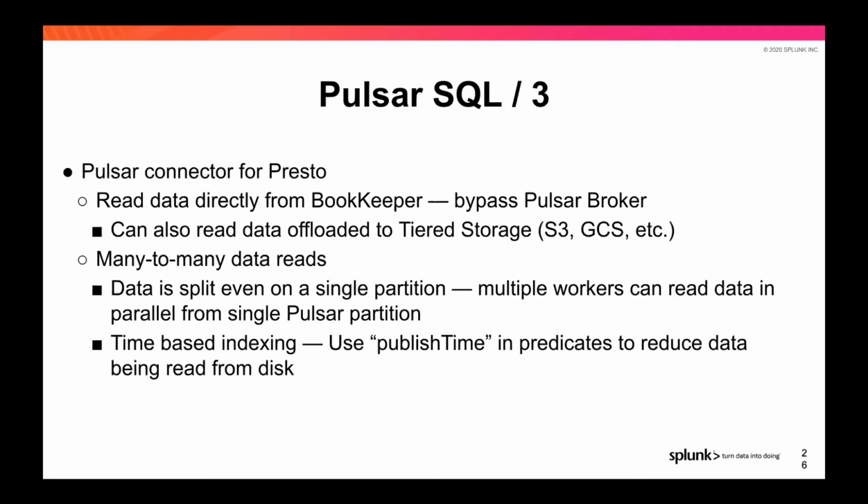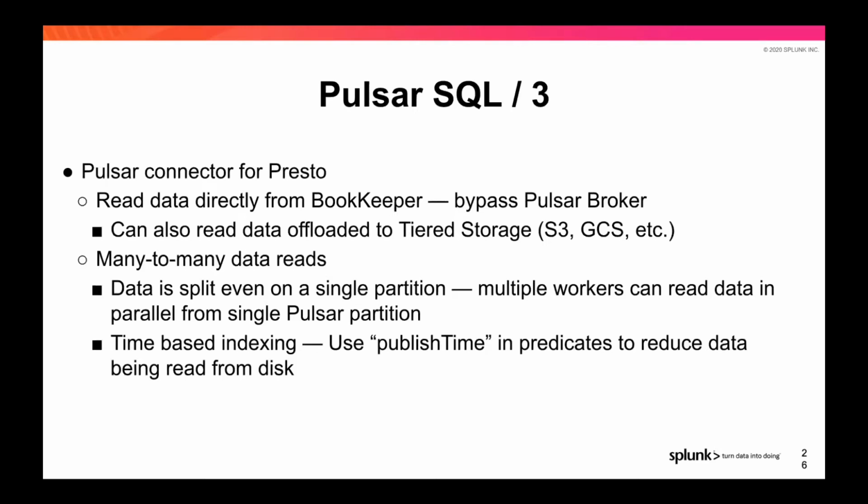As I touched on before, because of the segment-based architecture of Pulsar, writing data from a topic as segments or ledgers in Bookkeeper, we can have these many-to-many reads in which multiple workers can read data in parallel from Bookkeeper, even though it's a single partition.